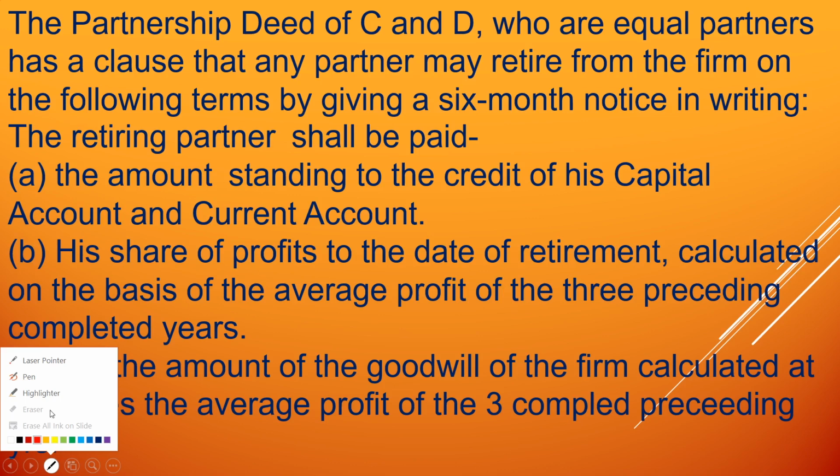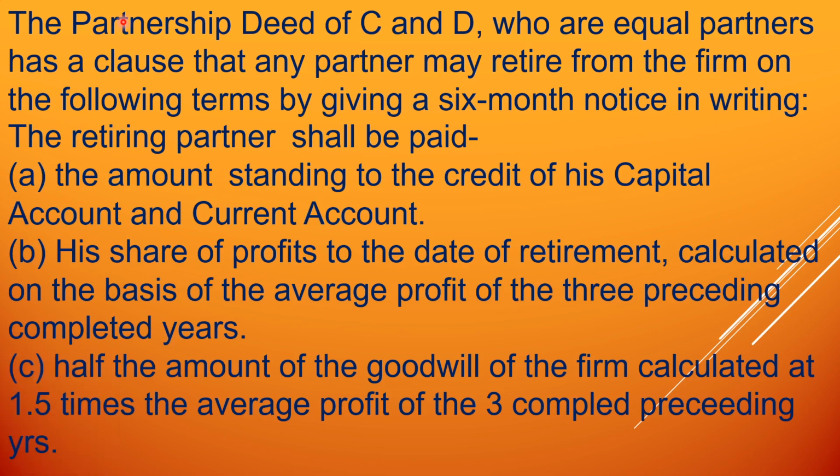Let's see in detail. The partnership deed of C and D, who are equal partners, has a clause that any partner may retire from the firm on the following terms by giving 6 months' notice in writing.